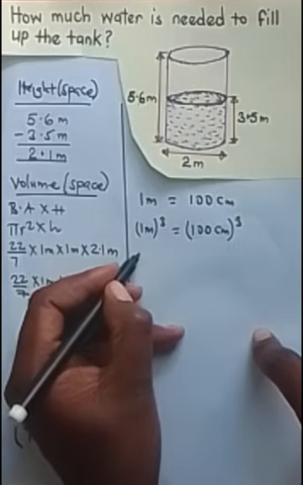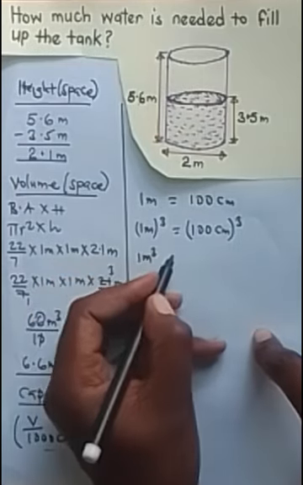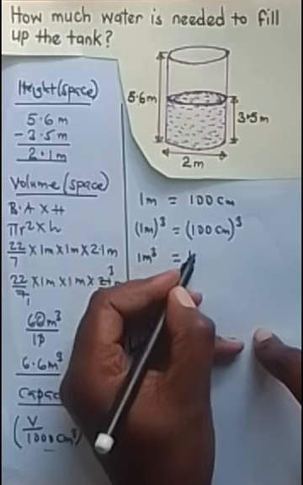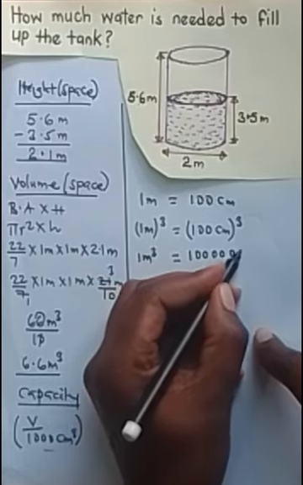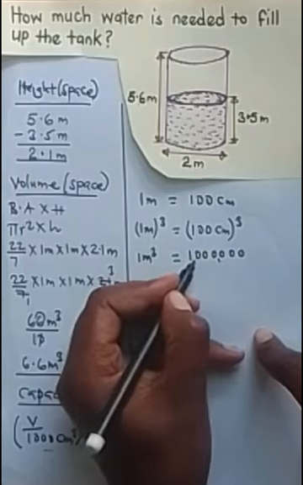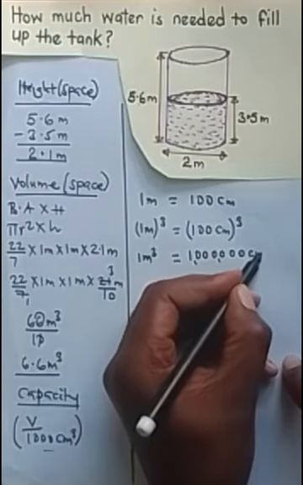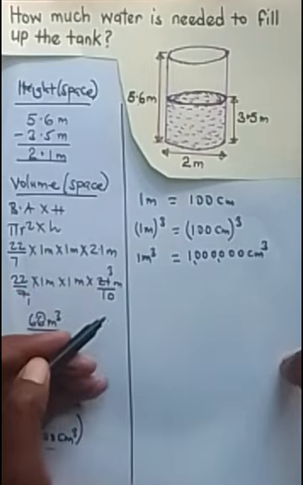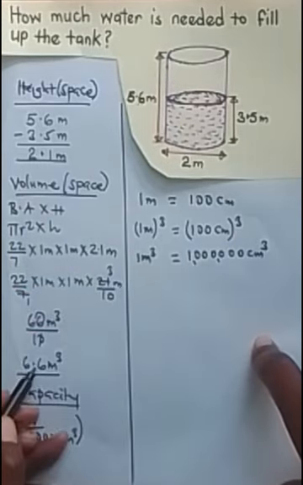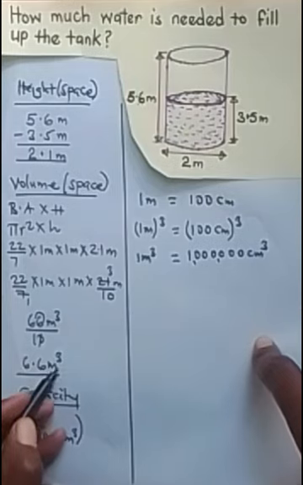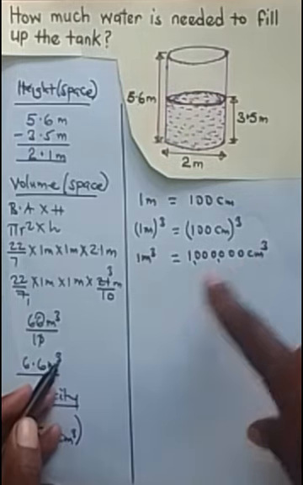We are going to get 1 cubic meter is equal to 1 million cubic centimeters. Now, having known that, I have 6.6 cubic meters, I have to change to cubic centimeters.